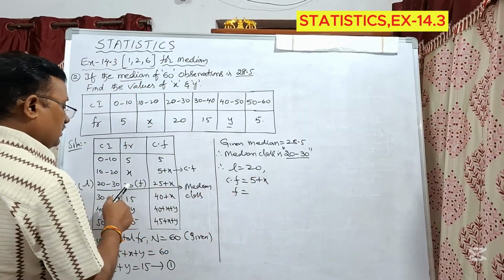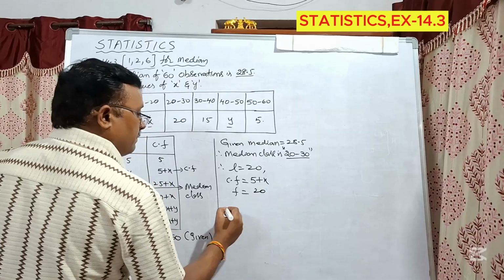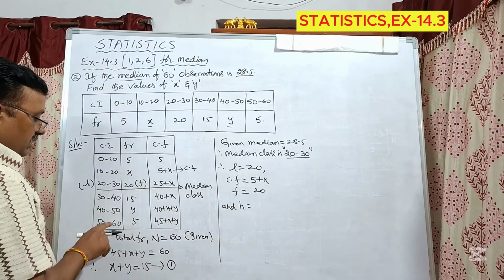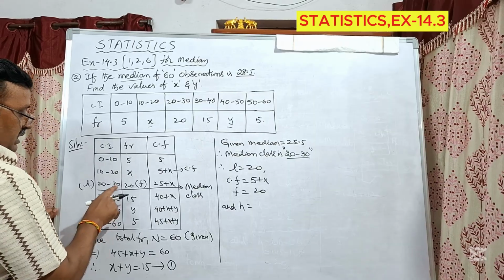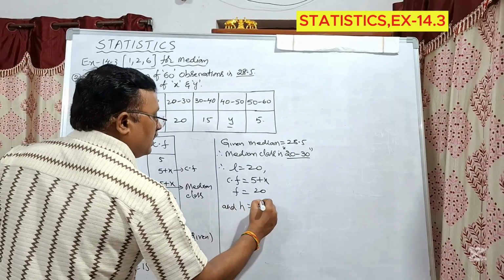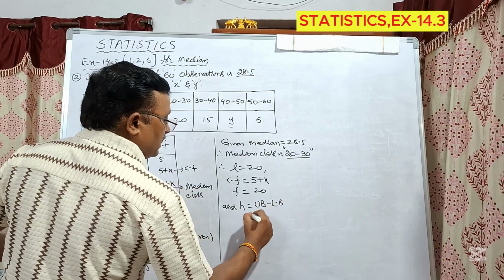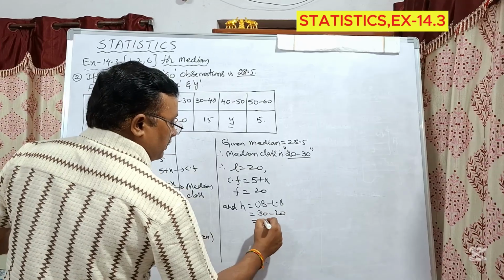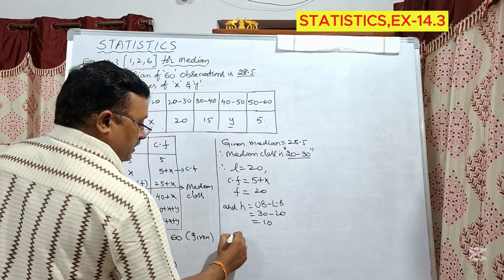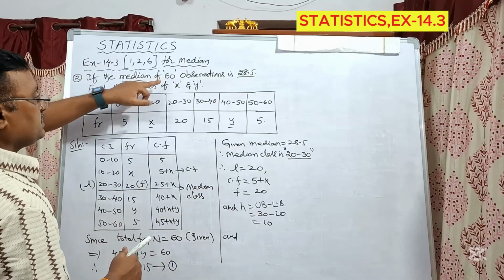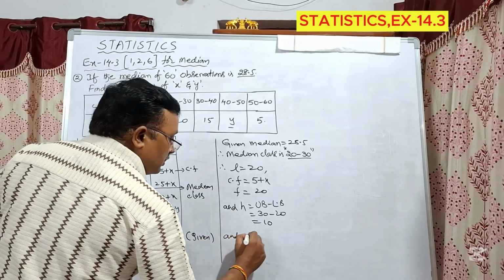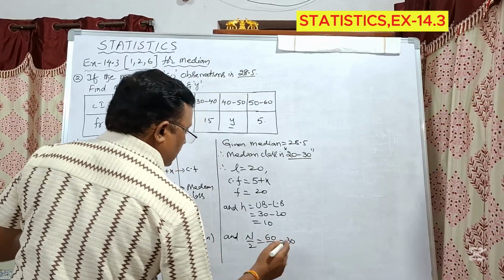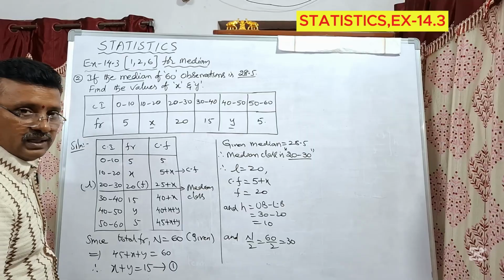Its frequency is f, which is 20, and h equals the class length, the difference between the upper boundary and lower boundary, that is 30 minus 20, which is equal to 10. And n is given as 60, so n by 2 is 60 by 2, that is 30. All our required values are there.